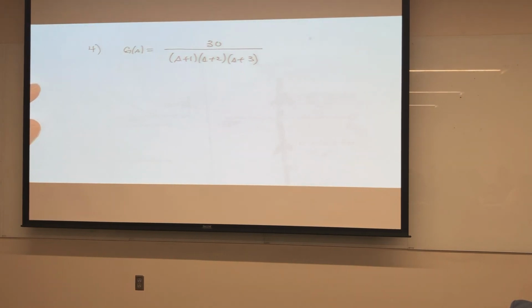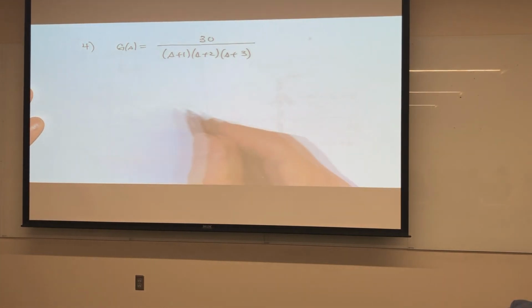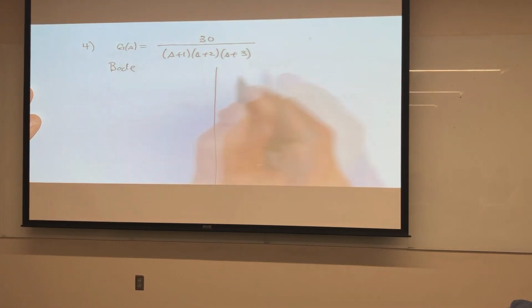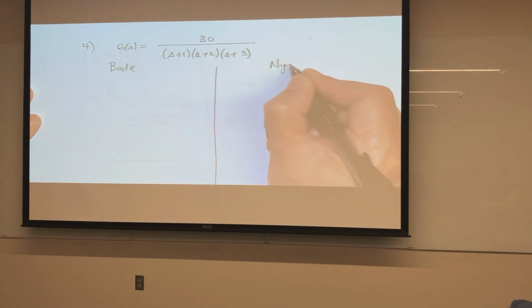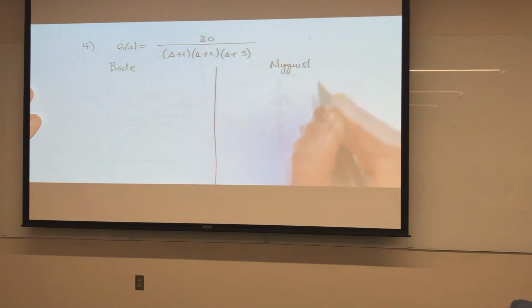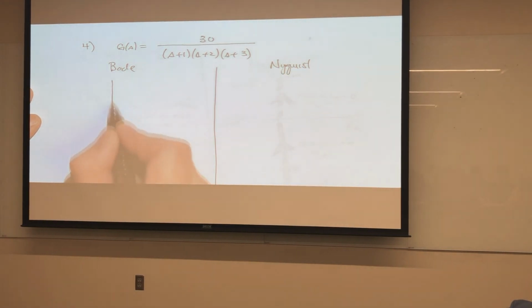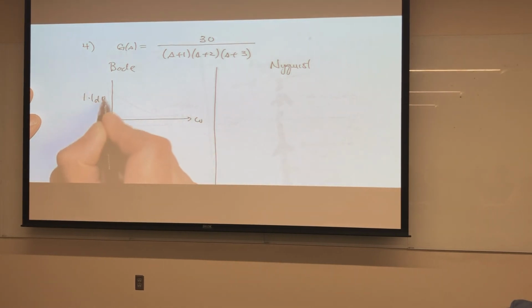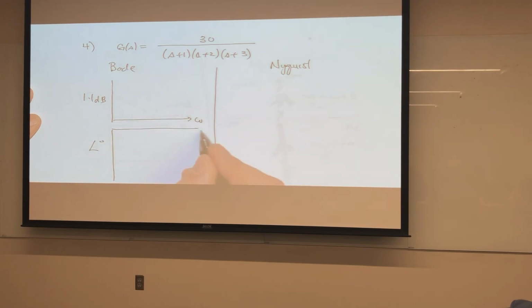I can't sketch them because I'm not a computer, so there's not much detail. Okay? But let me, again, sketch these Bode plots over here, and Nyquist over here. We'll plot magnitude versus frequency, and here we'll put in phase versus frequency.